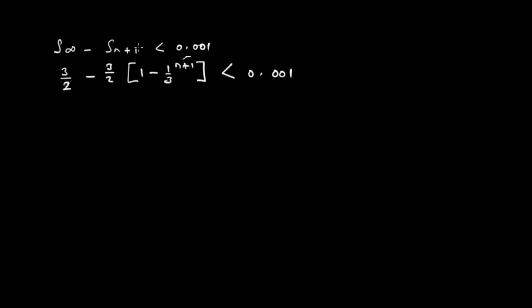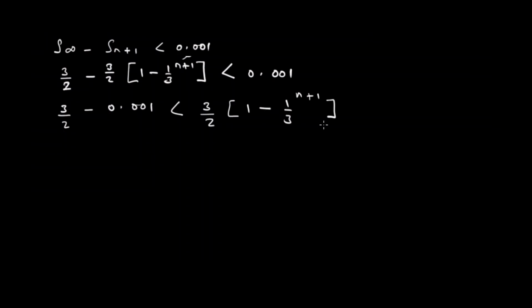We have to collect the numbers on the side on their own. So it becomes 3/2 subtracting 0.001 less than, then since both are negative, moving to the other side they become positive. So it's 3/2 times 1 subtracting a third to the n plus 1, like this.